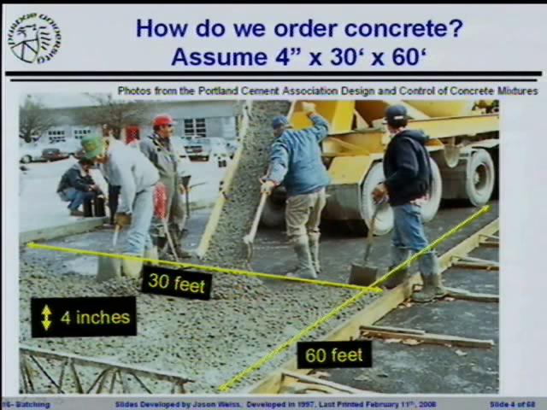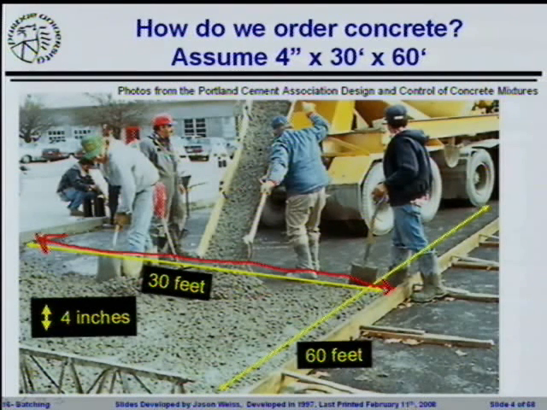Now, if you order concrete, generally you're going to have to figure that volume out. So you would go through and figure out the overall volume that you would need. So for example, you can see here, and I've guessed at these pictures since I didn't actually take this picture. It's from Portland Cement Association. But if we assume that it's about 30 feet between these two forms, and we're placing something that's about 4 inches deep and 60 feet long, all of you could use the advanced calculus that you've taken.